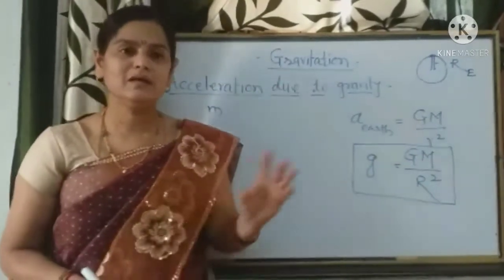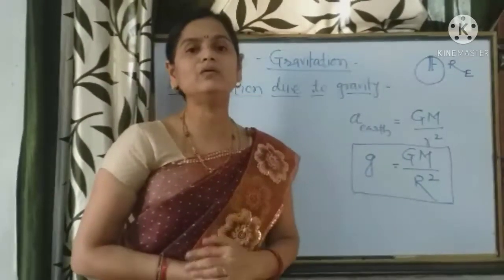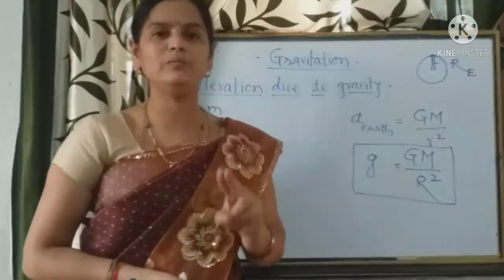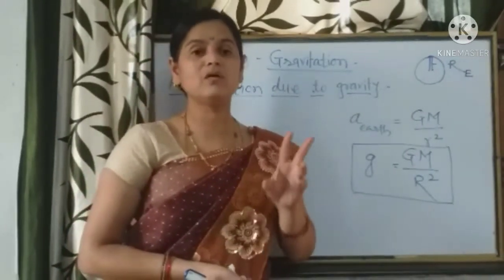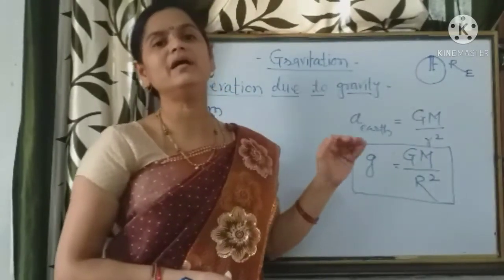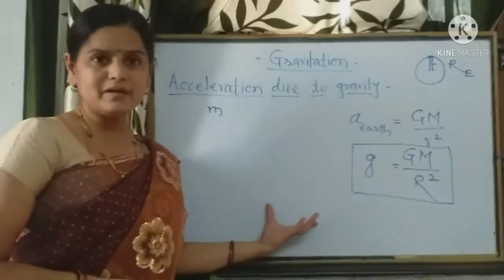In the previous video we discussed that Galileo demonstrated that any two objects of different masses, if they are dropped from the same height, will reach the ground after the same time.